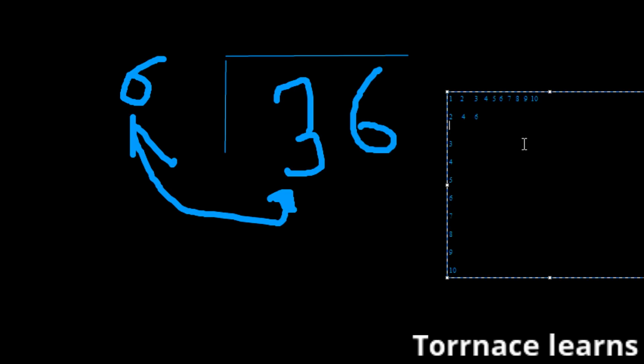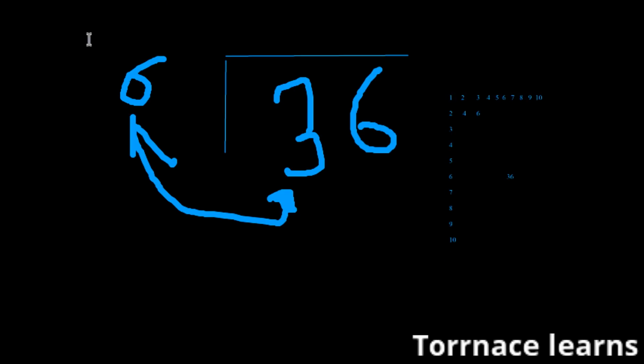But if you look on your multiplication chart, if you go all the way down to number 6 and all the way across to 6, then I do strongly believe we're gonna see the number 36. For beginners, that's the best way to know these numbers, and so now we know that this is 6.